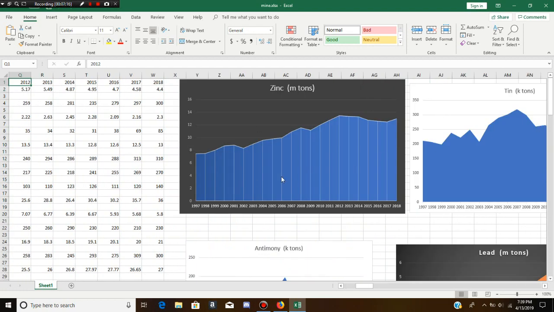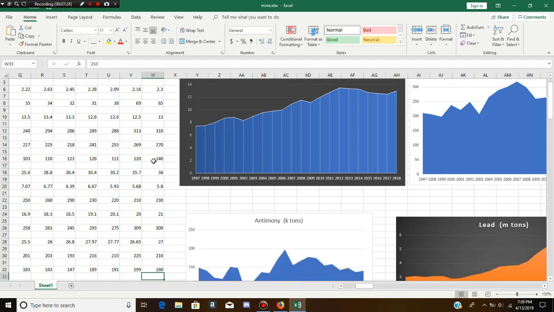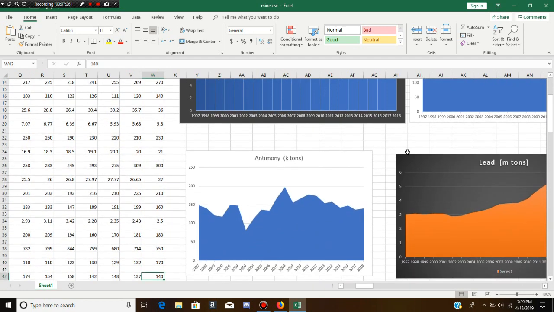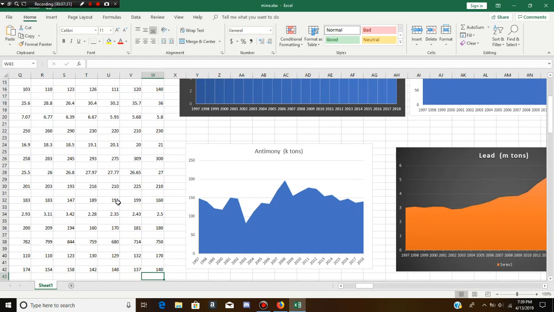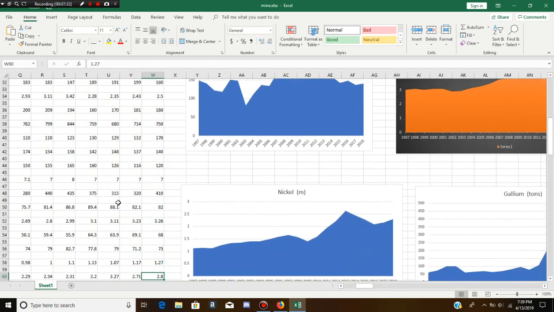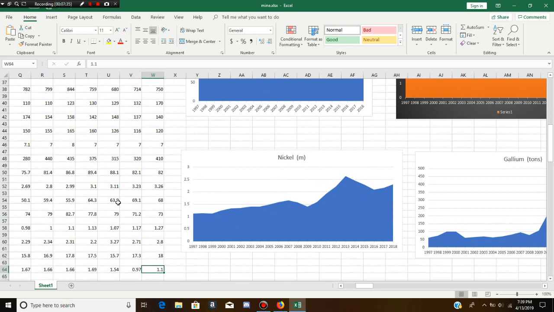So the row of graphs that we'll examine up here on the top, those are the ones where production is still increasing globally. The middle ones here are for metals and minerals whose production has clearly peaked. And the bottom row is for metals and minerals whose global production seems a bit more ambiguous.